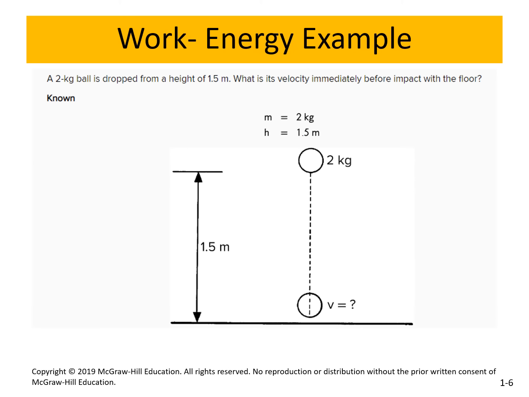Now, for another energy example. Let's say we have a 2 kilogram ball dropped from a height of 1.5 meters. What is the velocity immediately before impact with the floor? This is a potential energy, kinetic energy problem. Remember, energy should be conserved. The only force acting on this object is just gravity, correct?